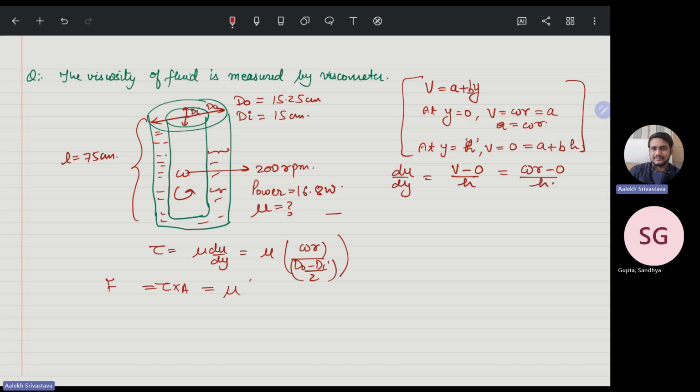So, mu into omega r by (d0 minus di by 2) into the area, which is pi di into L. This is the internal area where the shear force is acting.